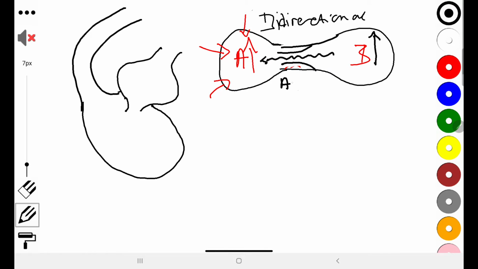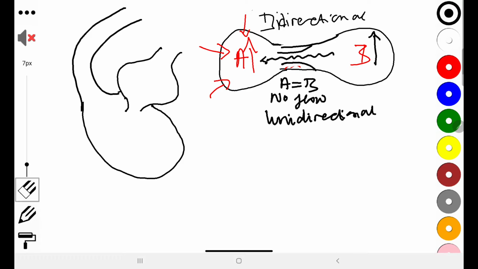Once A equals B, there will be no flow. Okay? So basically, this is the bidirectional principle. In the unidirectional, this is where we see the valve opening only one way. Okay?